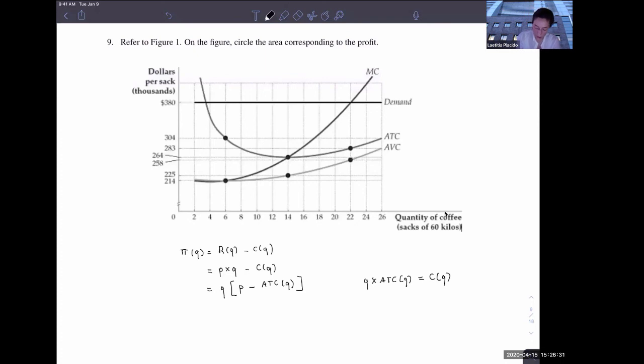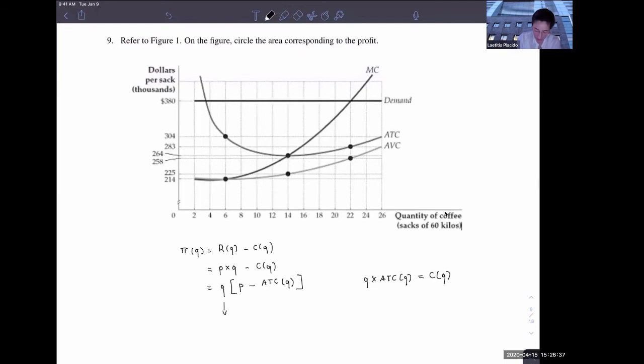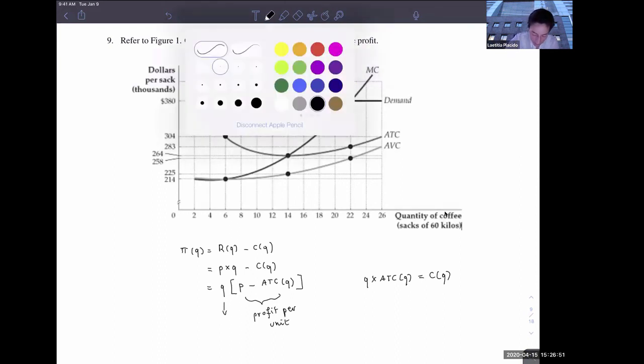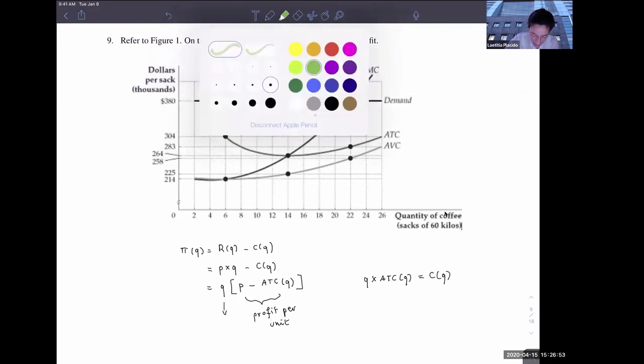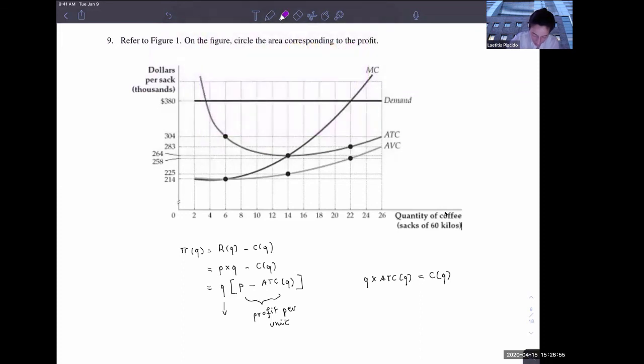So this representation is convenient because here you can see that you multiply the quantity of output produced times the profit per unit. So that's the profit per unit. And if we want to see that on the graph, I'm going to take Q, so Q is 22 here, and I'm going to multiply that by P minus ATC.